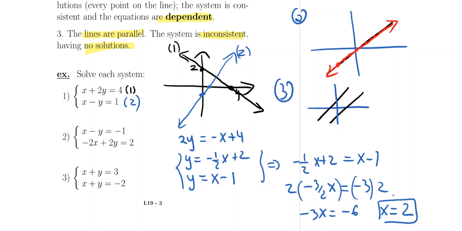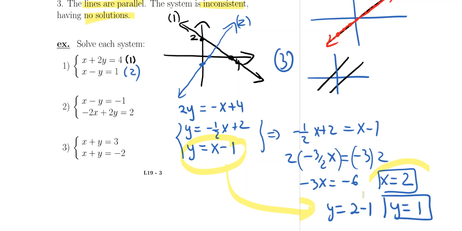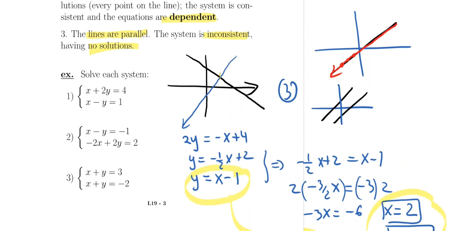So when x equals 2, y will be, we can use this one, 2 - 1, so y = 1. So the intersection point is (2, 1), which is kind of what I suspected. We pretty much never use the graphing one.